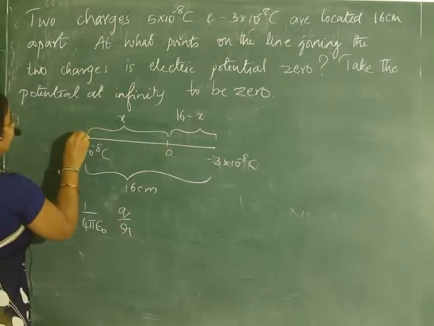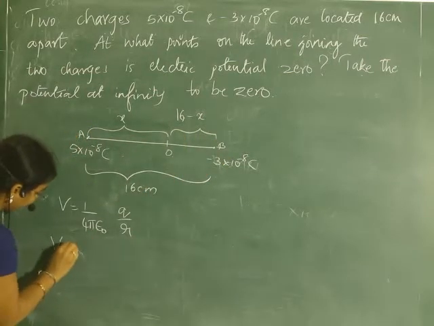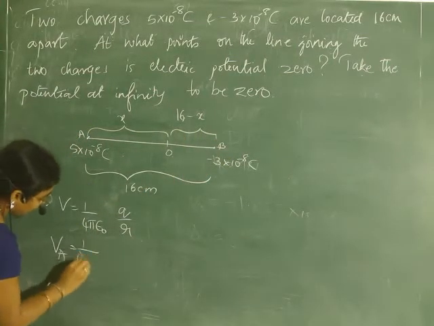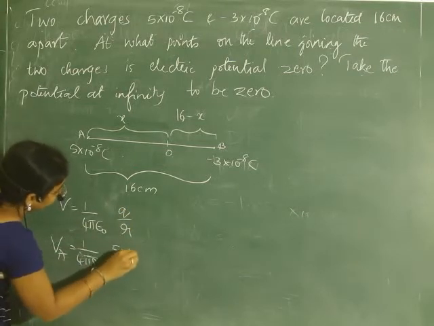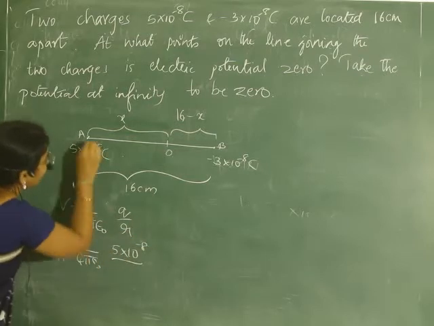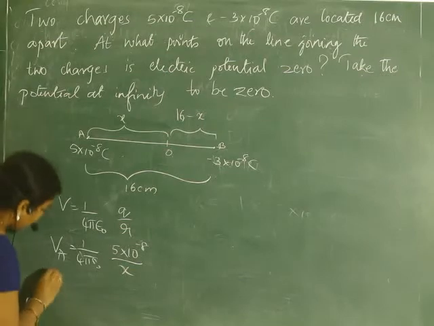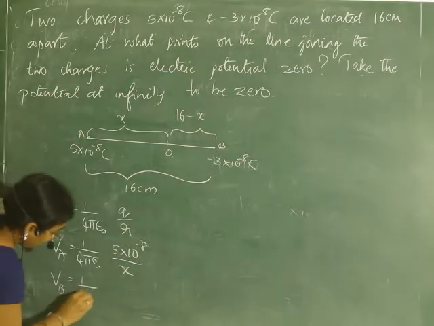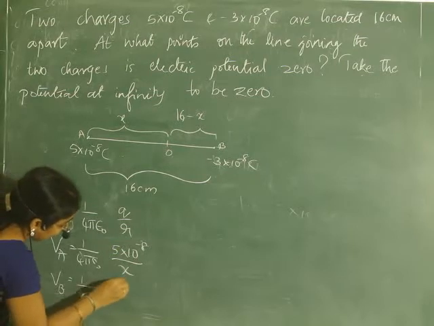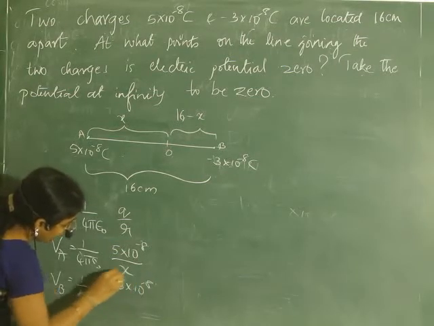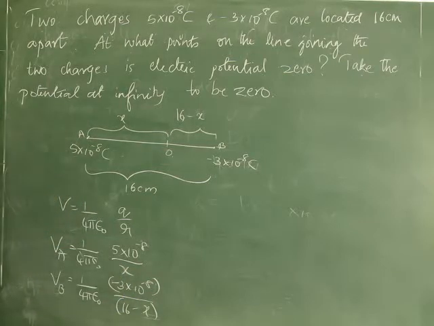Let this point be A and B. So VA is equal to 1 by 4 pi epsilon naught, Q is 5 into 10 to the power minus 8 divided by x. VB is 1 by 4 pi epsilon naught, minus 3 into 10 to the power minus 8 divided by 16 minus x.